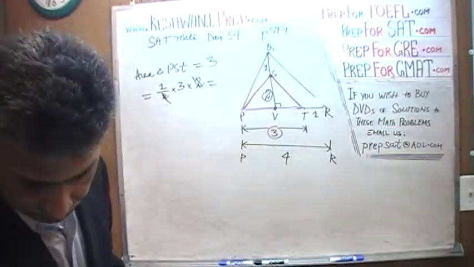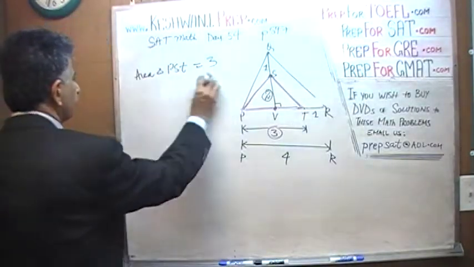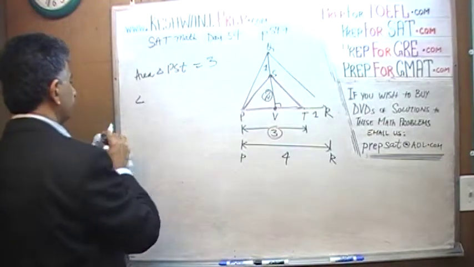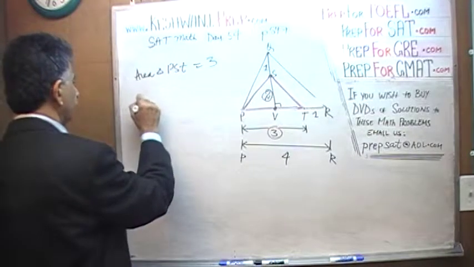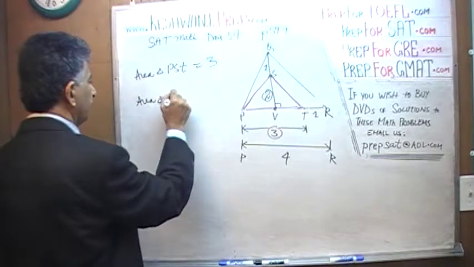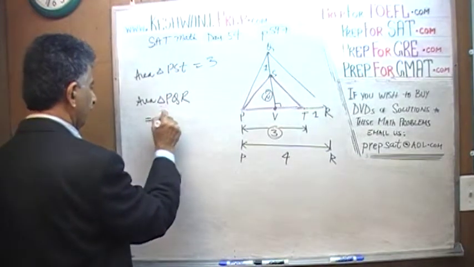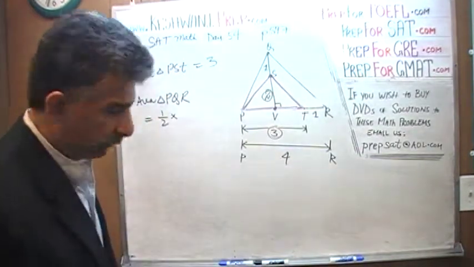Let's find the area of the triangle PQR. Again, it's going to be 1/2 base times height.